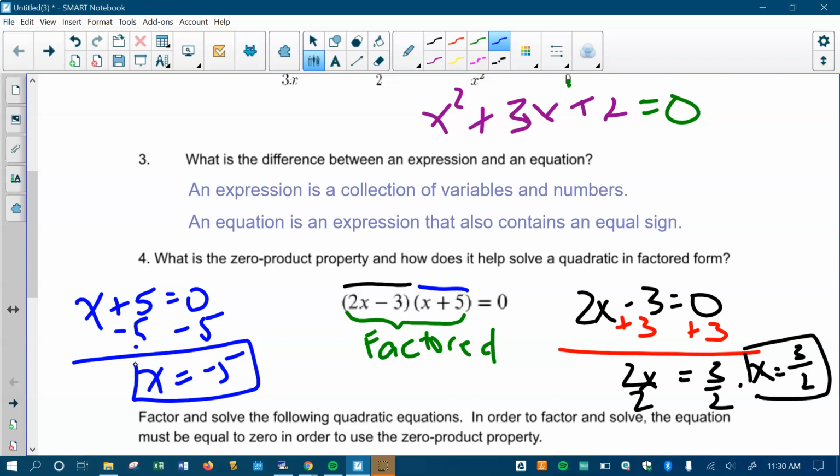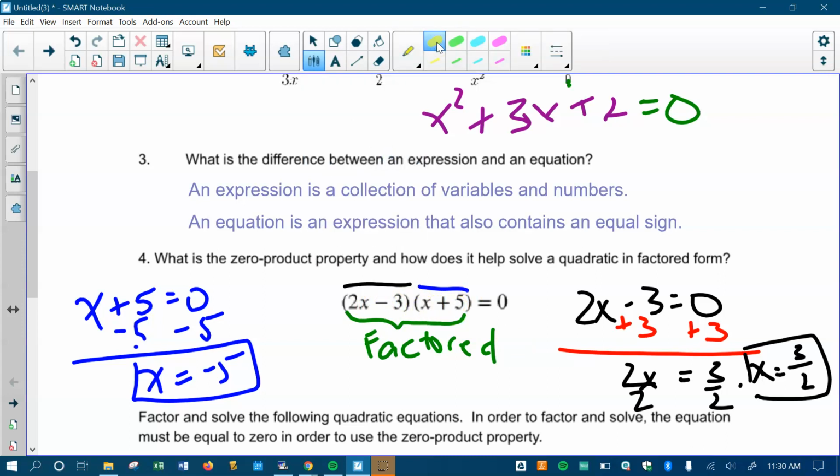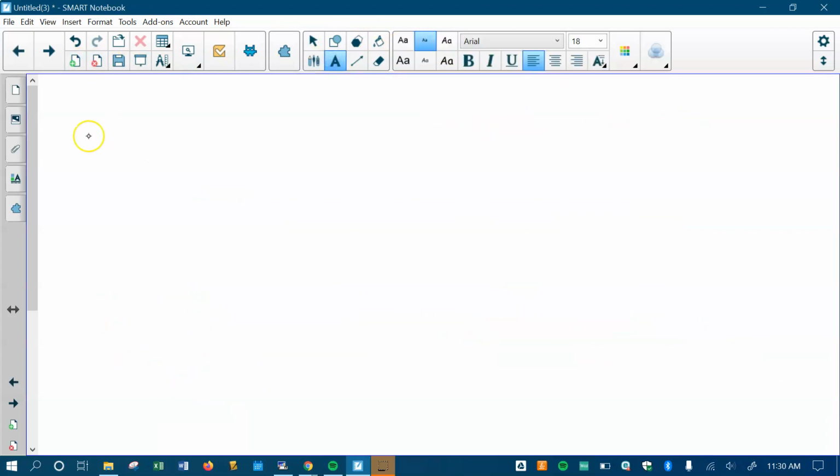And basically what I use here is the zero product property, which means that when I have factored form equal to 0, that part's worth repeating. When I have a factored form equal to 0, I can set each factor equal to 0 and solve for x. So let me just put that on a new page to tell you what that means, just so you can see it again.